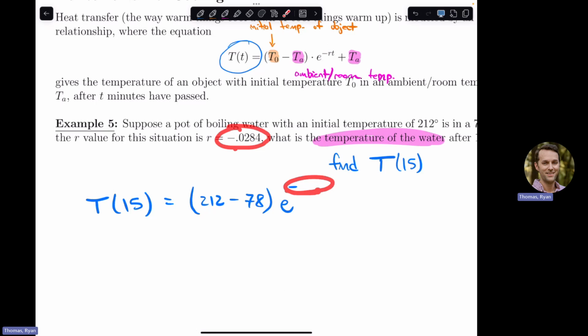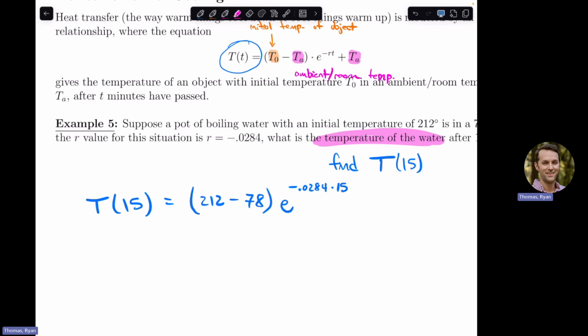So I don't mean take the negative and then they cancel. What I mean is that this should look like 0.0284 times T, which is 15. Okay? So for a thing that's cooling down, that exponent needs to be negative.